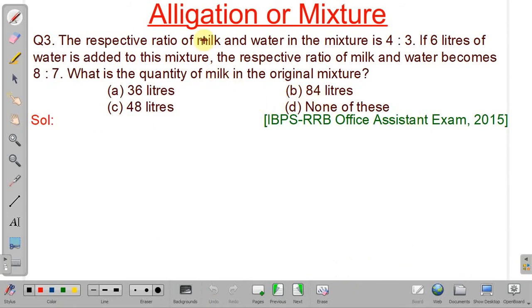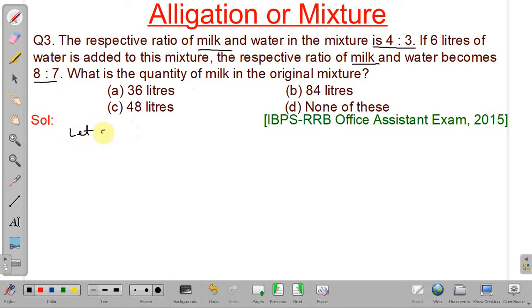See, in this problem, what is given? The ratio of milk and water in a mixture is 4:3, and 6 liters of water is added. Then the resulting mixture will have water and milk in the ratio 8:7. So we have to find the quantity of milk in the original mixture. Okay. So based on the initial ratio, we will assume the quantity of milk and water.